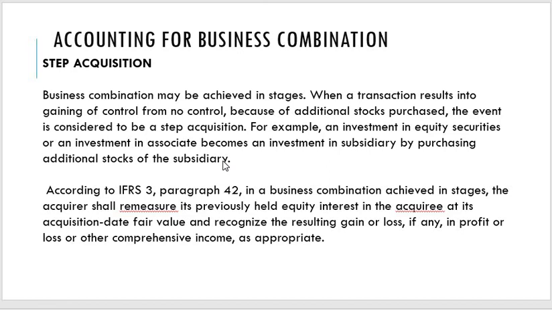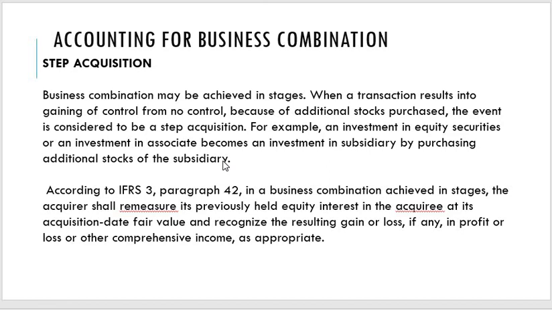So for example, we have investment in equity securities, or investment in fair value through profit or loss, or investment in fair value through other comprehensive income, or an investment in associate becomes an investment in subsidiary by purchasing additional stocks of the subsidiary. Kasi yung accounting, diba, if mag-purchase ka ng stock, magdepende siya kung how much yung percentage na i-acquire mo.